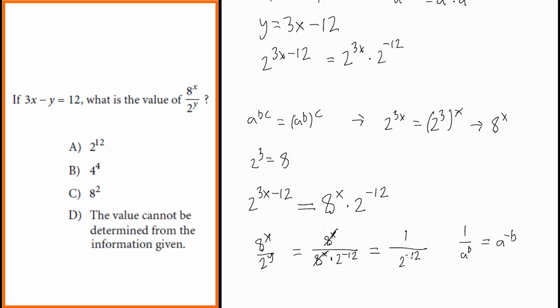And so in this case, 1 over 2 to the negative 12 is the same thing as 2 to the 12. And if we look back at our original answer choices, we see that this lines up exactly with our choice of A. And A is our final answer.